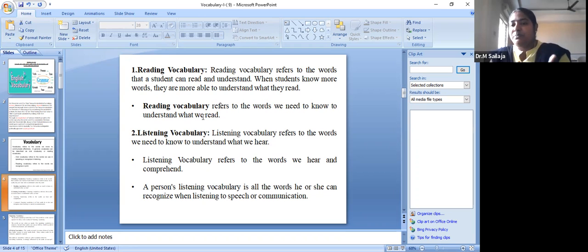If we miss a few words within the content, we are unable to understand the whole theme. If you understand each and every word within a given passage, you will be able to understand the main theme of the content. So, reading vocabulary, and also listening vocabulary.